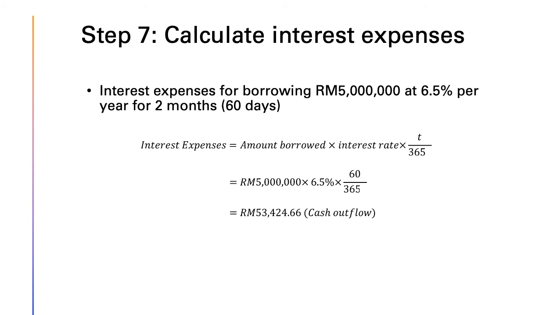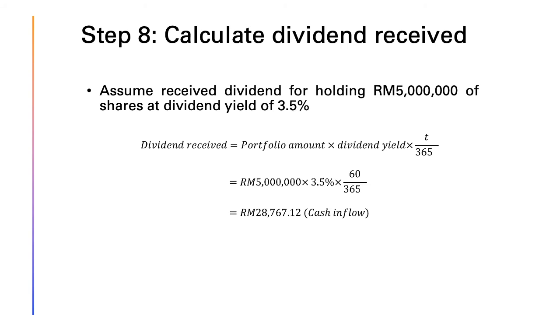So step number 9, you calculate total profit or loss from the arbitrage strategy. So futures profit, you get 188,000. Spot profit, 151,515 ringgit and 15 cents. Interest expenses, 53,424 ringgit and 66 cents.